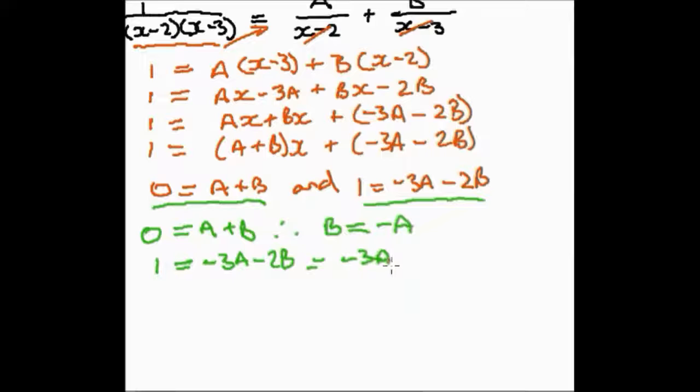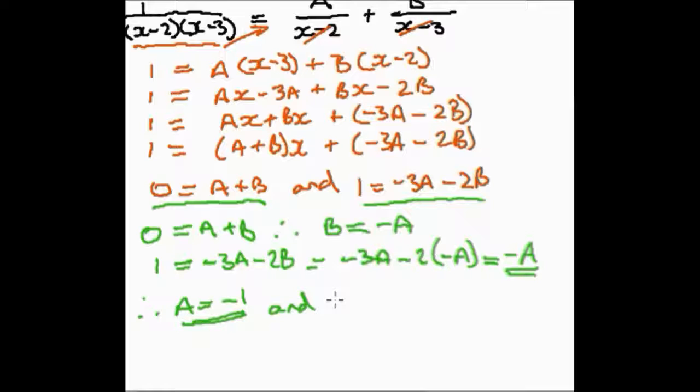So I now have minus 2 times minus A. And when you gather up that term, minus 3A minus 2 times minus A, the resultant equals minus A. Okay? Therefore, I'm saying that A equals minus 1. There's an answer.